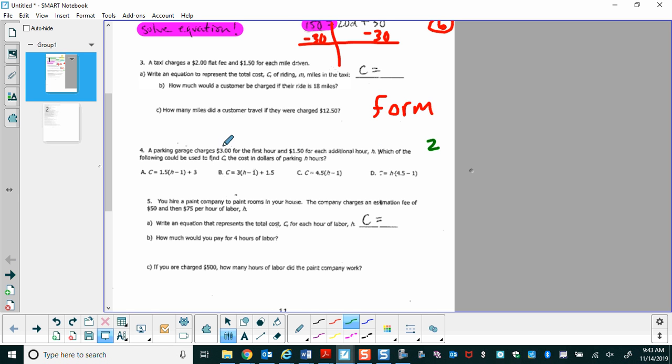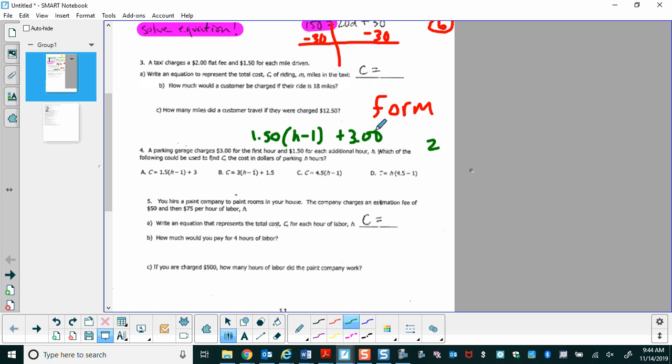You're going to pay $3 for the first hour, and then you're going to owe $1.50 for the 1 hour after that. So the $1.50 that you're getting charged is the total number of hours that you're there minus the first hour, because the first hour was already paid for with this $3.